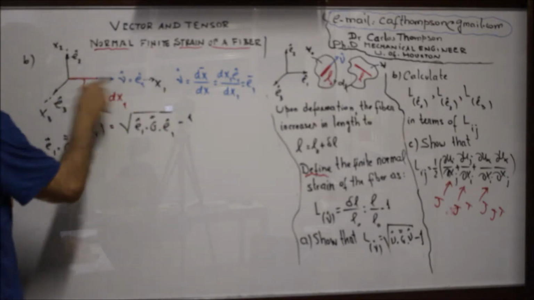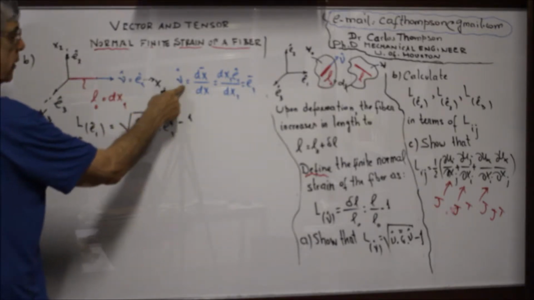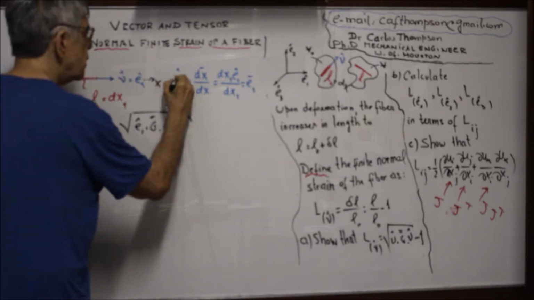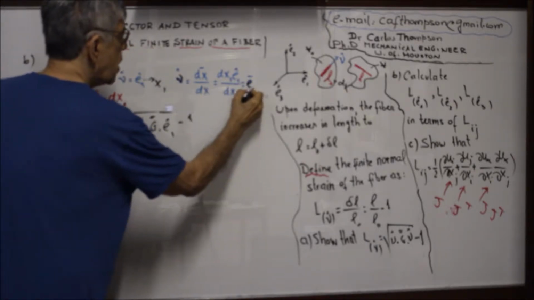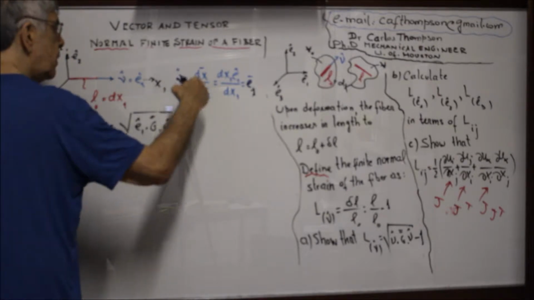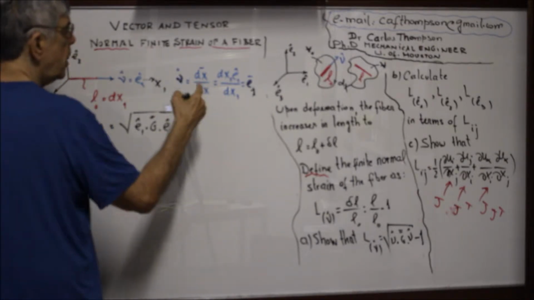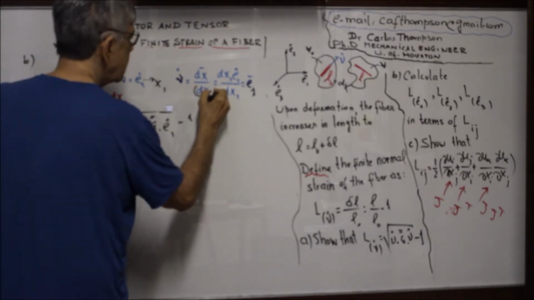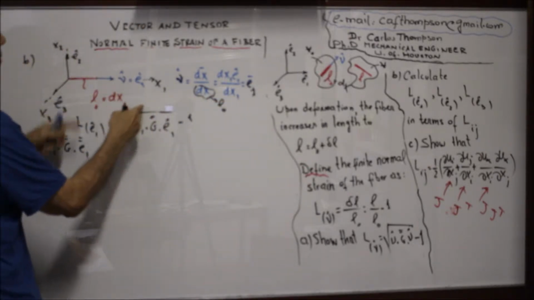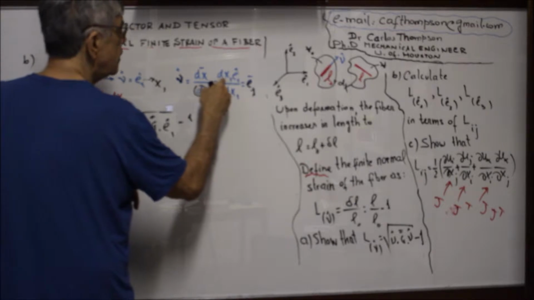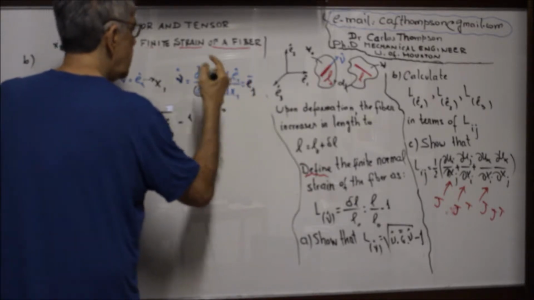In this x1 direction, the unit vector nu is equal to U1, because the magnitude of dx is L0, and the vector dx is dx1 u1.